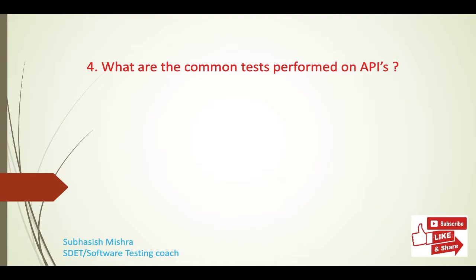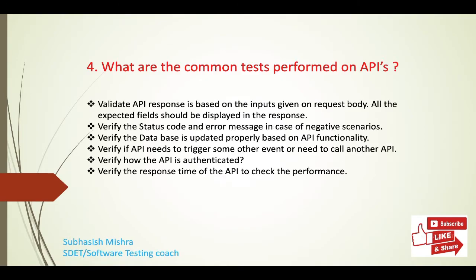What are the common tests performed on APIs? So, when you perform API testing, people definitely expect you to explain what are those tests you do. So, we validate API response based on inputs given in the request body.